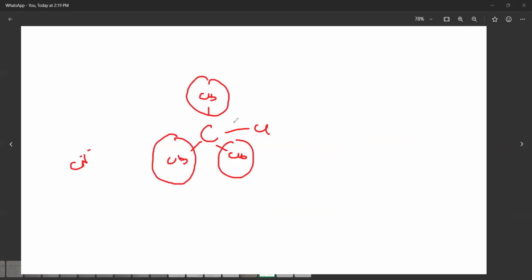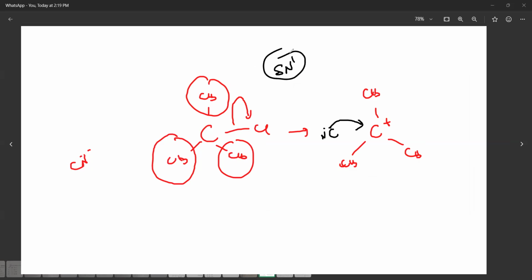So first the chlorine will break the bond, forming a carbocation. This carbocation will be stable because it is surrounded by alkyl groups. Now the attacking nucleophile will attack the positive carbon. So this is an SN1 reaction and then the product will form. Is it clear, this one?